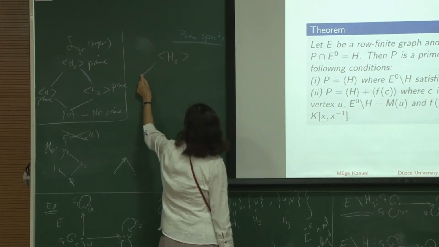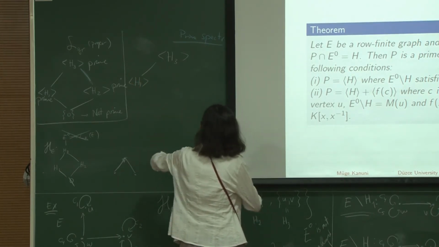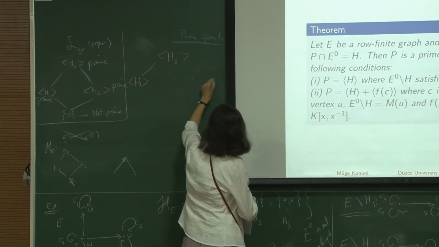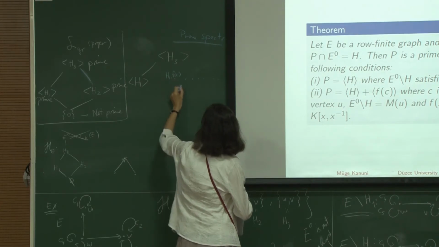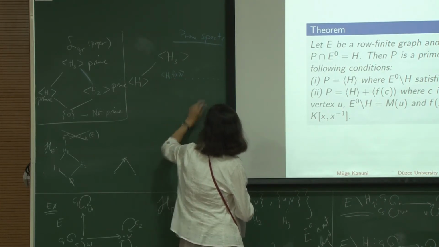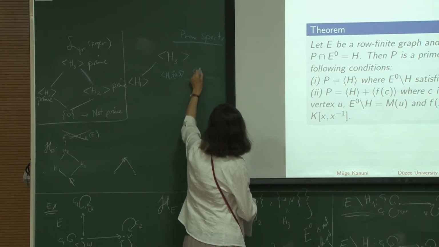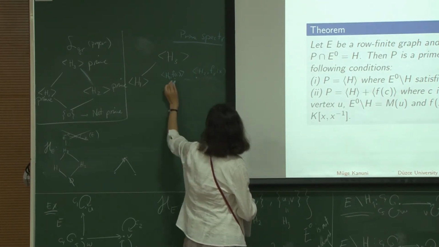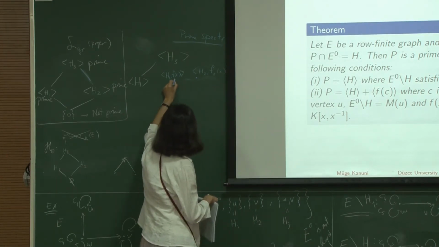H3 is here, H1 is here. Then for every irreducible polynomial that you pick, you're going to generate another ideal, and so on.